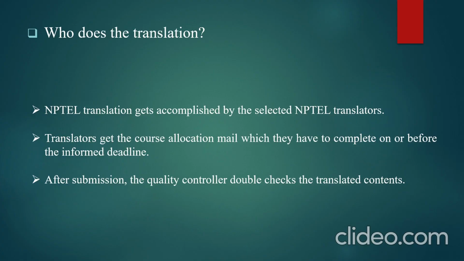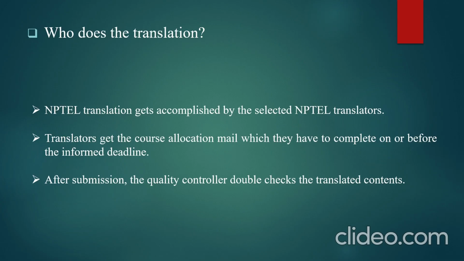That is, they must have cleared at least 2 to 3 NPTEL courses in the Elite to Gold category. The other one is that they must be working as a professor in a reputed institution. So I will explain to you the whole process of selection.